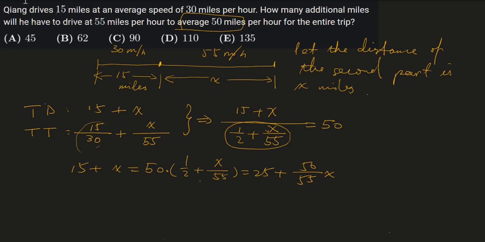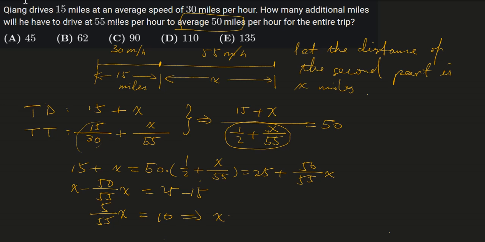And then we'll move all the numbers to the right hand side and the variables to the left hand side. So that is x minus 50 over 55 x equals 25 minus 15, which gives us 5 over 55 x equals 10.